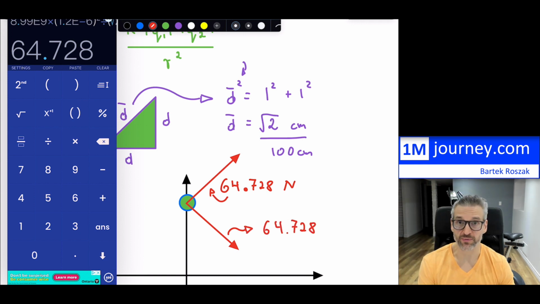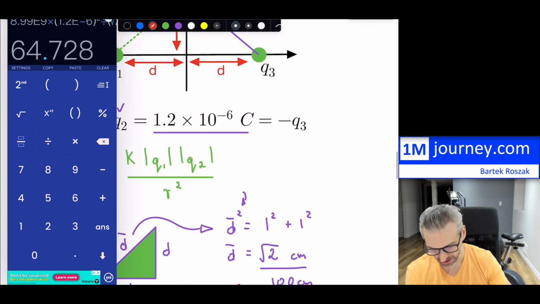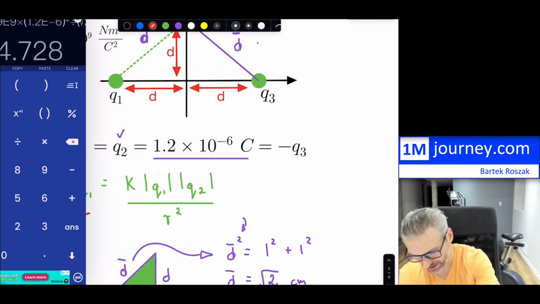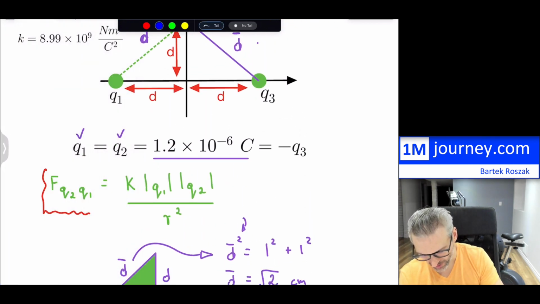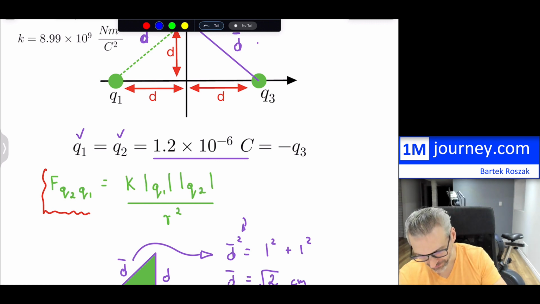If you don't believe me, you can certainly plug it in, but the numbers are the same. If you take the formula altogether, this was Q1 and Q2. Now if you substitute Q3, the actual force caused by Q3 on Q1, the magnitudes are the same.